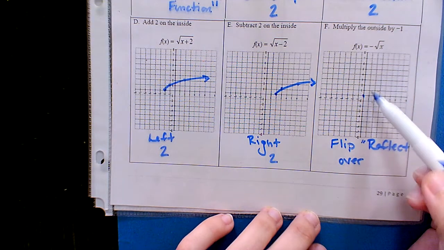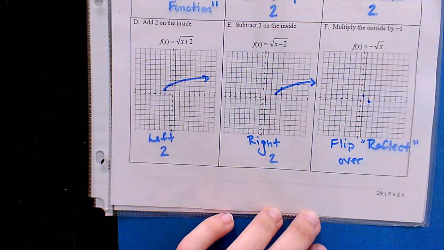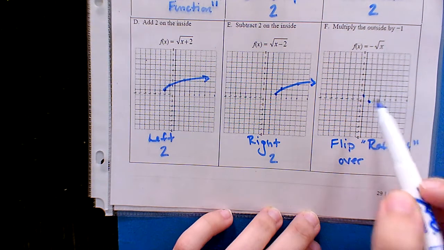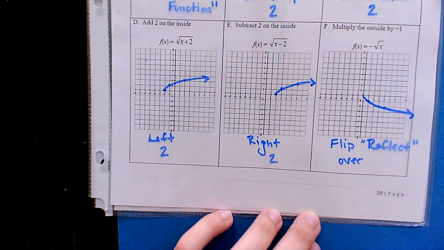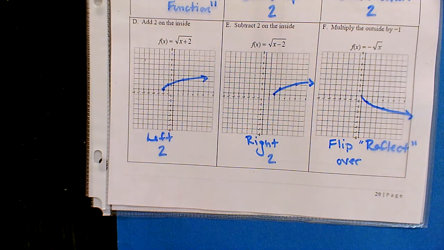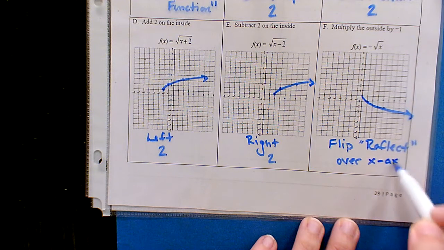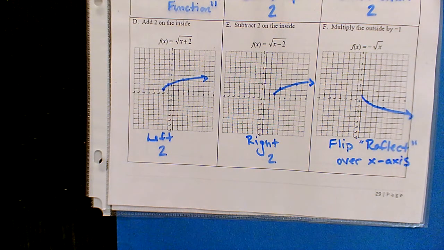So instead of being up 1 unit, you're now down 1 unit, and instead of being up 2, you're now down 2. You fold it over that x-axis. We doing okay?